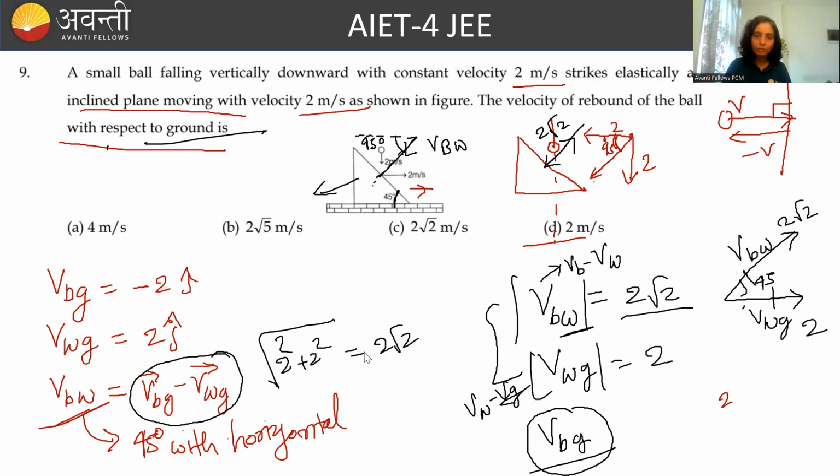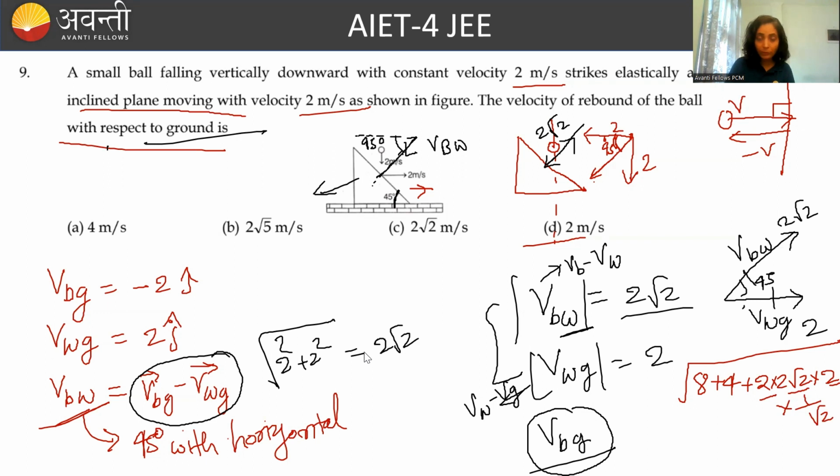If you add it, how much value will you get? Just do the vector thing. How do we add things vectorially? A square plus B square plus 2AB cos theta. Okay? So let's do it now. A square is how much? 2 root 2 squared, that is 8, plus 4, plus 2 into 2 root 2 into 2 into cos 45, which is 1 by root 2.